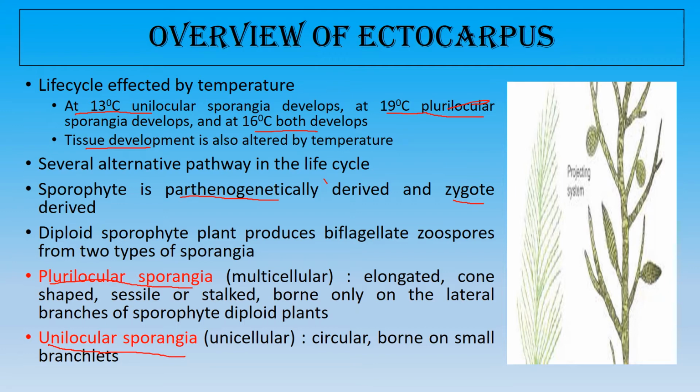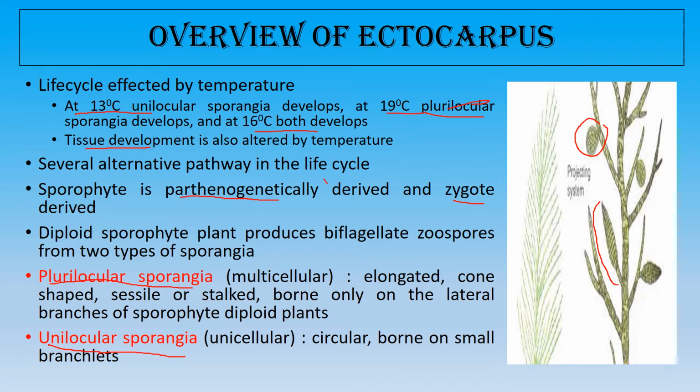Here we see that the circular unilocular sporangia are borne on the tips of lateral branchlets, and here we see the plurilocular sporangia, which are borne on the terminal tip of lateral branches.